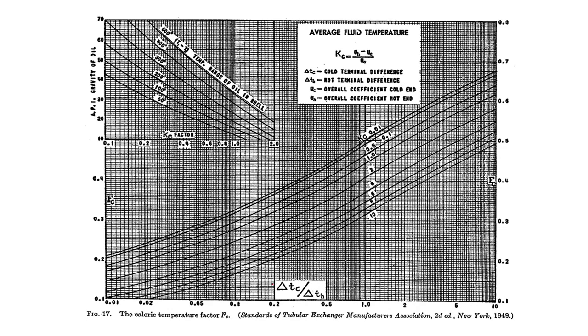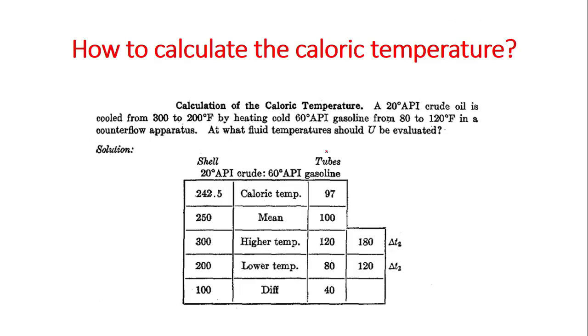This is the graph that would be used to determine this caloric fraction, and ultimately it would be used to get the value of the actual caloric temperature. Here is the graph, with Fc on the y-axis and Kc on the x-axis. I will show you how to use this graph, right? This is a small example of how to calculate the caloric temperature.